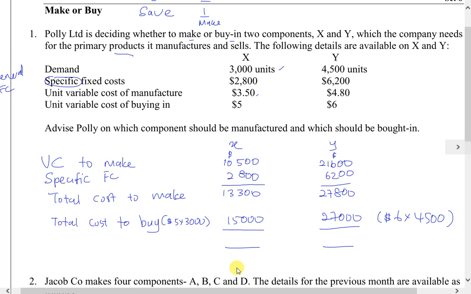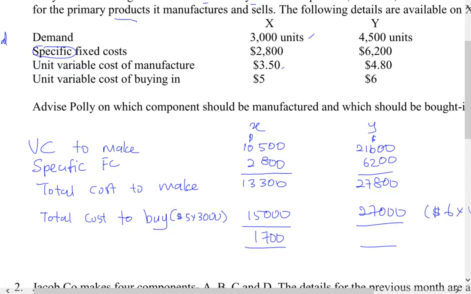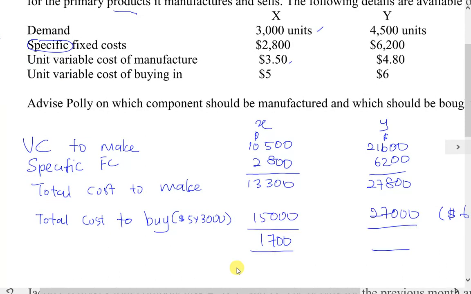You plus 1,500. 15,000. To make is 13,000. If you buy is 15,000. Do you make or do you buy? You make, because this is a savings.